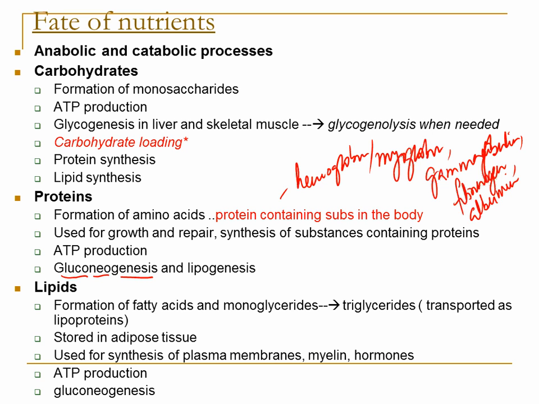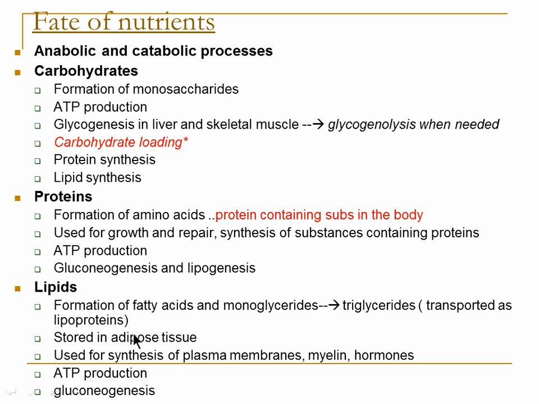Next is lipids. When they are broken down, you have the formation of fatty acids and monoglycerides. They join up together after they get into the lacteals, and they form what are called triglycerides, which go bound to proteins, and these are called lipoproteins. In your notes, I've given you examples of low density lipoproteins, LDL, which is often called the bad cholesterol.